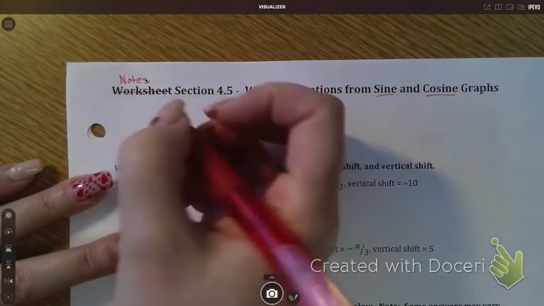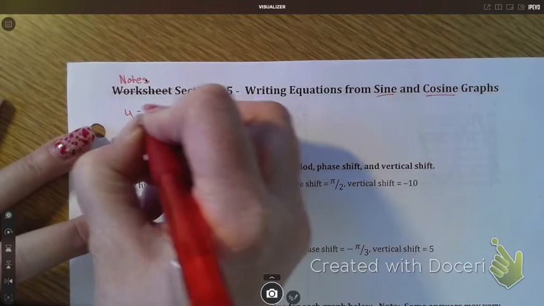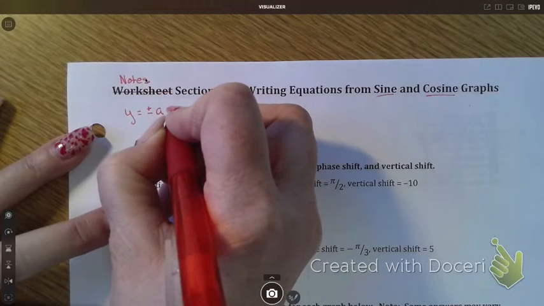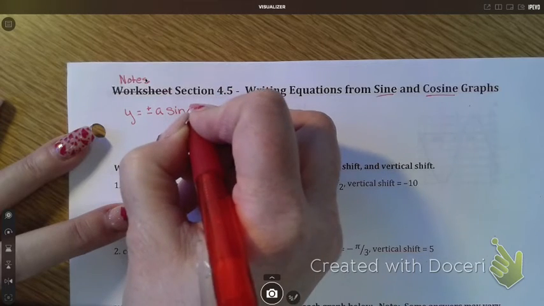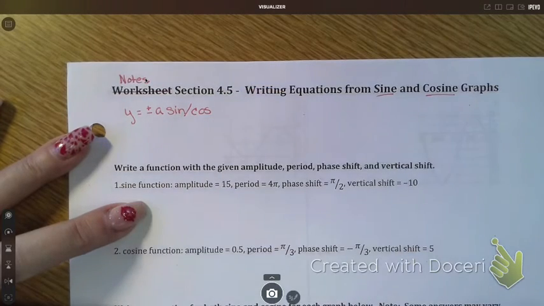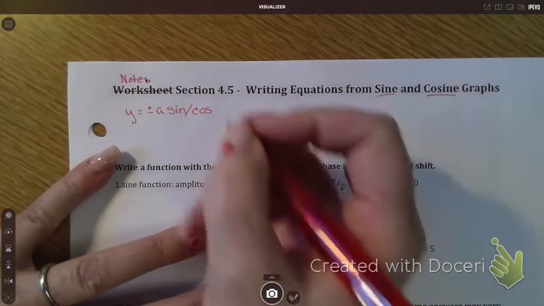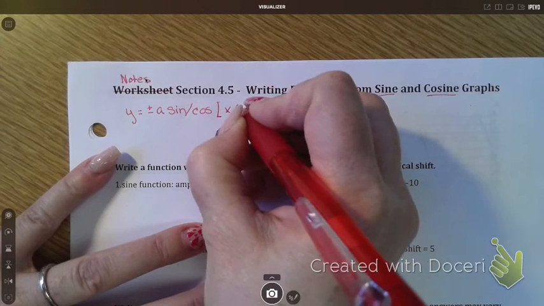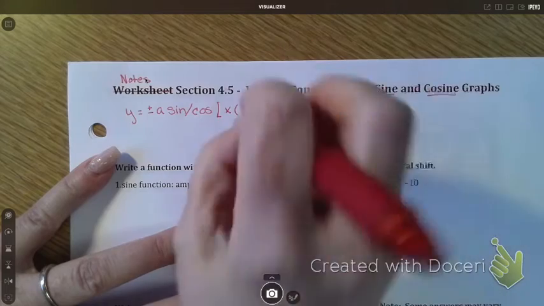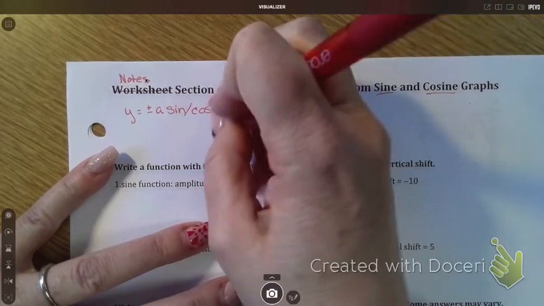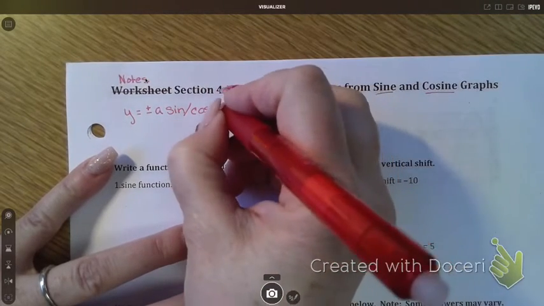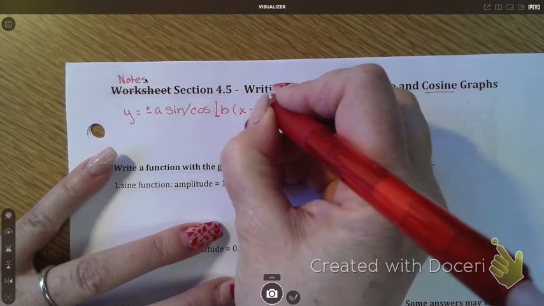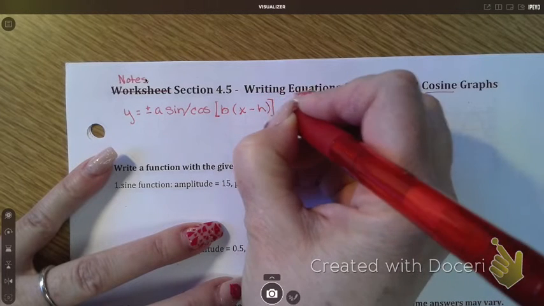Okay, so we need to remember that sine and cosine curves had a basic structure, correct? We had y equals plus or minus a, and I'm just going to write sine slash cosine, because it's either or. And then we had b times x, minus h, plus k.